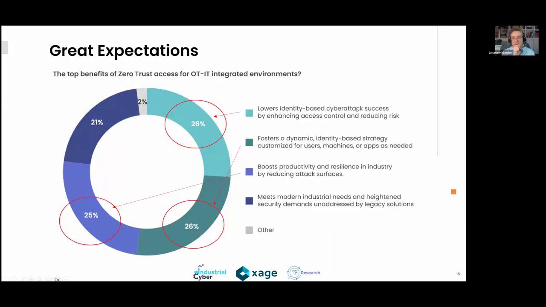So this is about the expectations. When we double click and drill down on the responses, we're really trying to figure out what people are expecting when they look at zero trust.